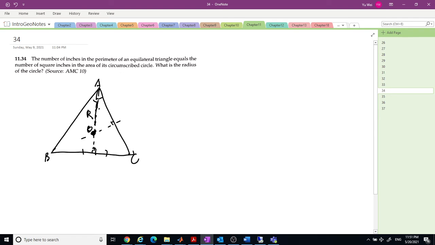So the ratio of this one is 2t and this one is t. So now you can see, if the side length is a, right? So the r will be 2/3 of root 3 over 2 a, so it's equal to a over root 3.